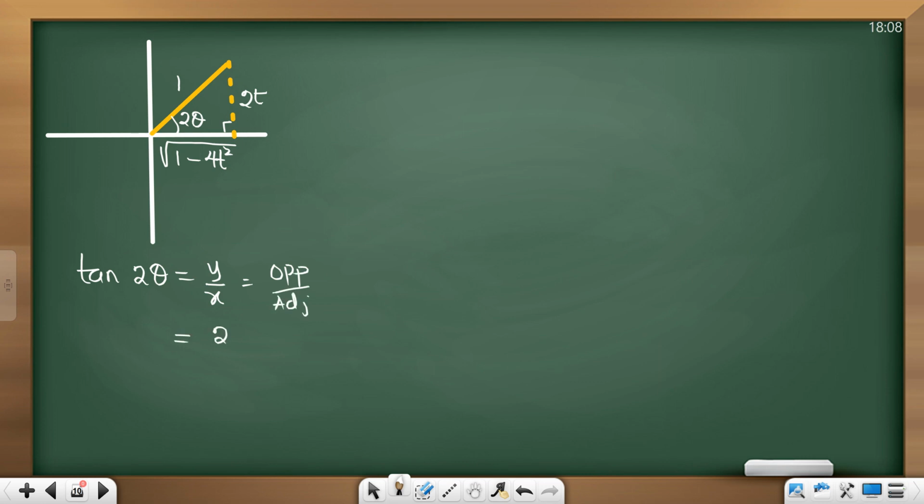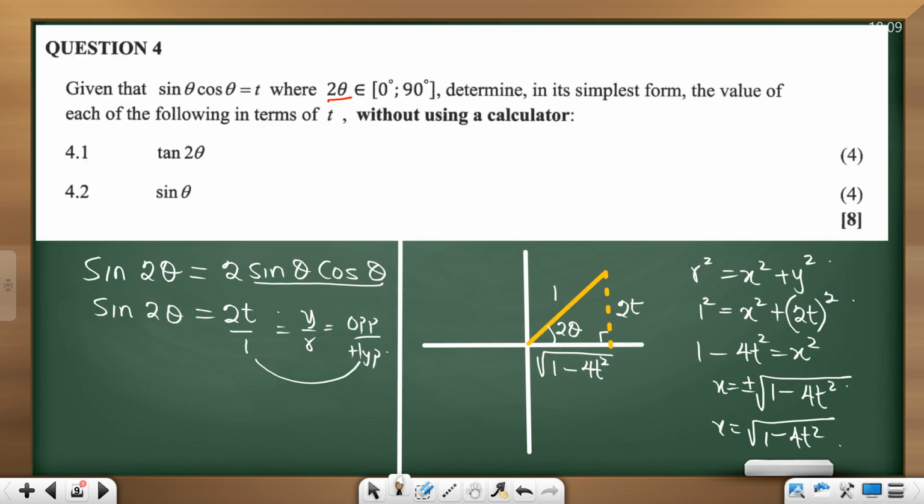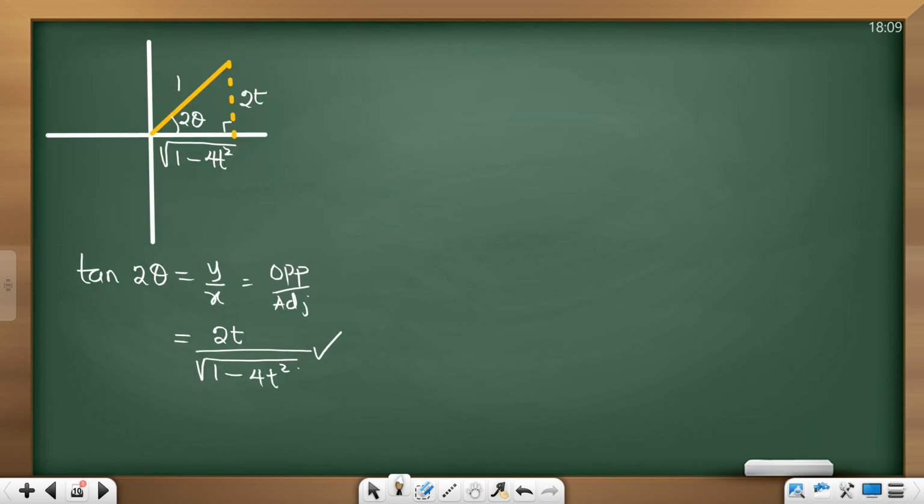Adjacent. What's your opposite? 2t. What's your x? 1 minus 4t squared. You get your 4 marks now. But you must show this because triangle, 1 mark. Pythagoras, 1 mark. Final answer here, 1 mark.